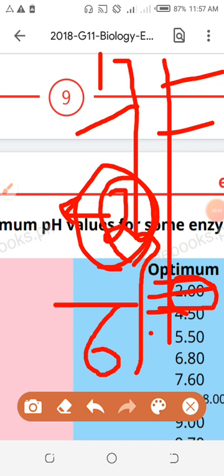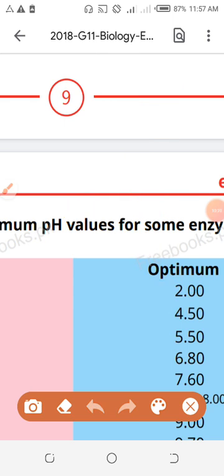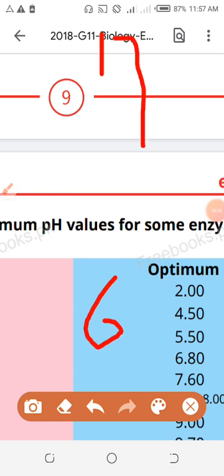We are telling acidic medium, meaning pepsin is working in all these media. Yes, this is right. Pepsin is working in all these media of the acidic range, meaning 1 to 6. So 1 to 6 is the range in which pepsin is working.